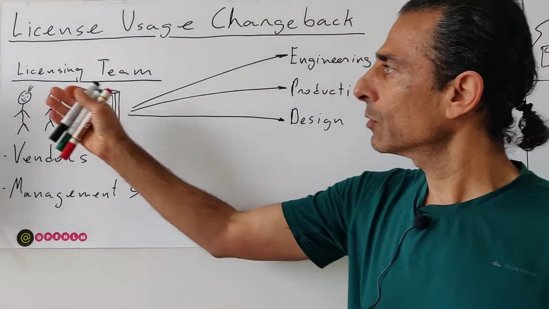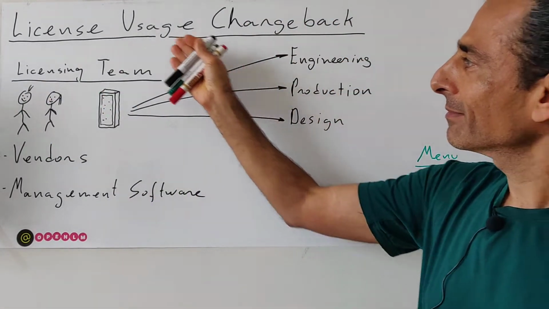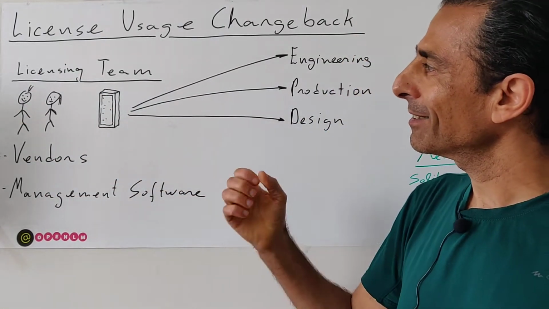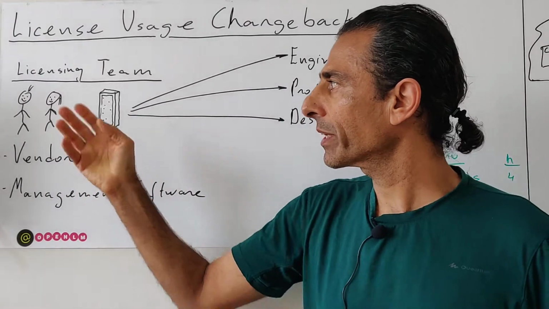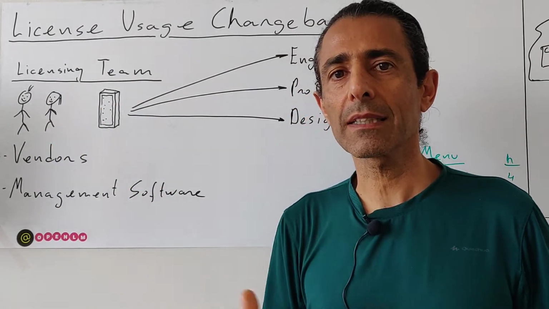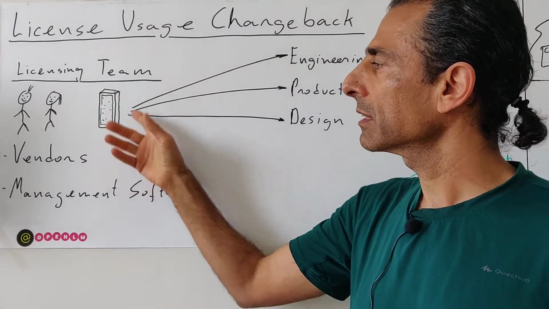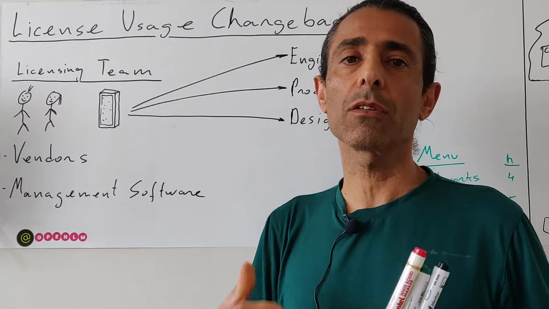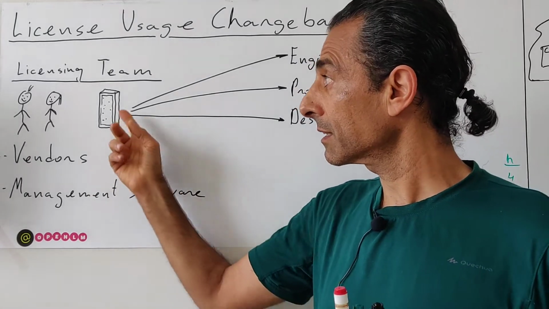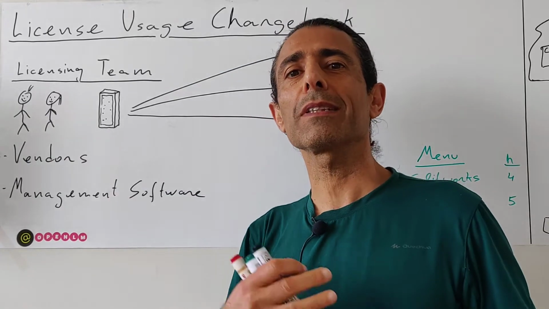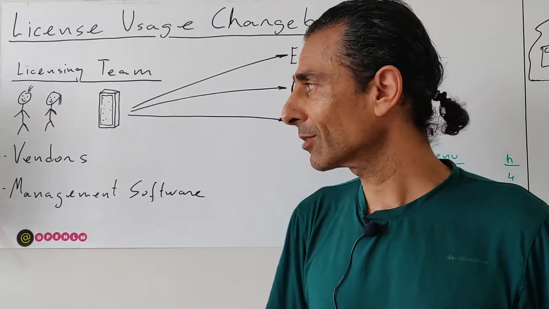So we have a small licensing department here. We have the team, and we need to take their salaries into account, and we have servers that the team is utilizing in order to provide the services, and we are paying, of course, for the licenses to vendors.